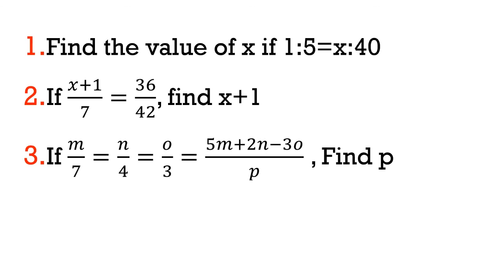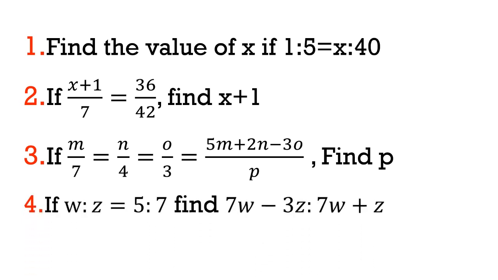Number 3, if m over 7 equals n over 4 equals o over 3, and it is also equal to 5m plus 2n minus 3o all over p, find p. And number 4, if w is to z as 5 is to 7, find 7w minus 3z as to 7w plus z. Now, please type all your answers on our comment section.